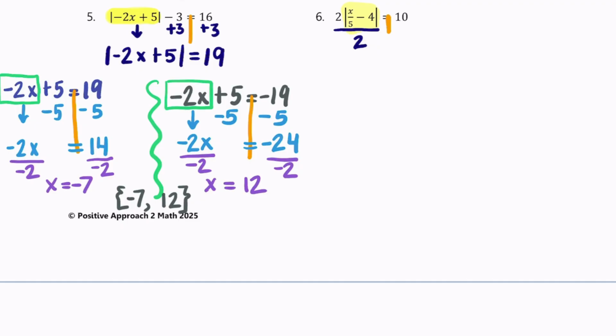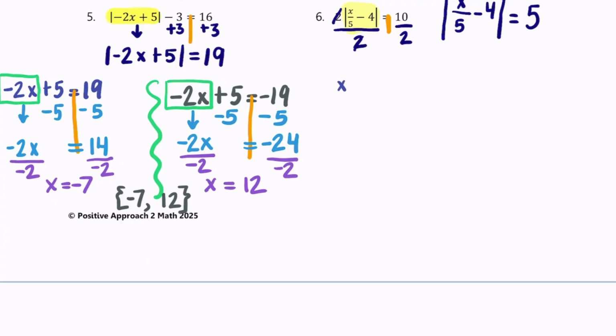Now that does not affect anything in the parentheses. That's only going to get rid of that 2 for us. And I'm going to squeeze the problem up here. So we have the absolute value of x divided by 5 minus 4, and then 10 divided by 2 is 5. Now our absolute value is by itself, so now we're ready to set up our two equations.